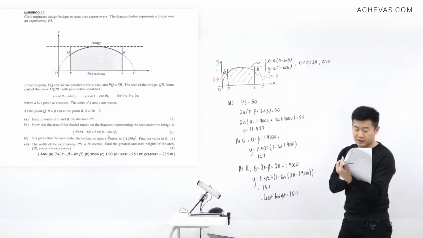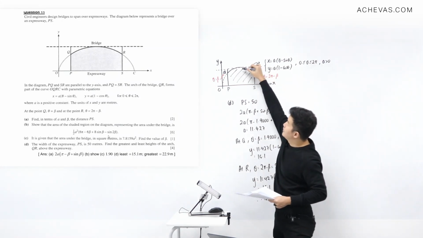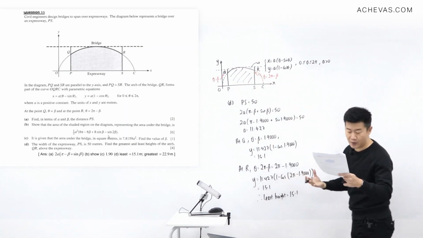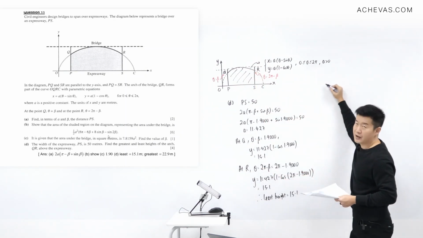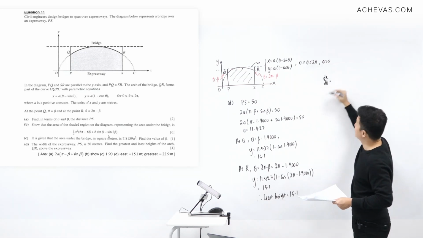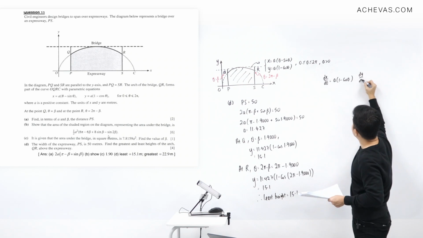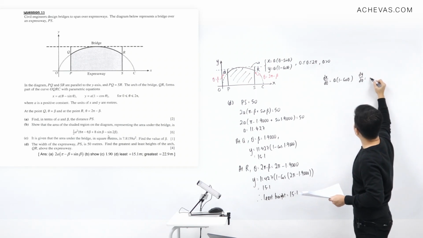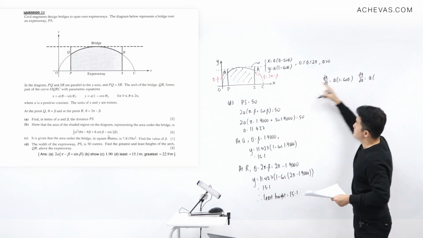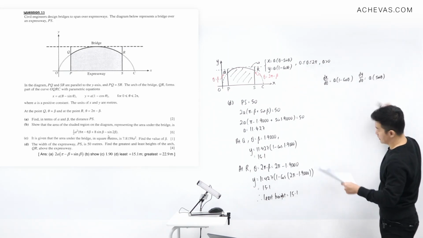Let's now find the highest possible point, the greatest height of the arc. The greatest height is here, where a turning point occurs. So let's find dy/dx. We have already found dx/d theta just now. I've erased it, but dx/d theta was a times 1 minus cosine theta. We can easily find dy/d theta, which is a, and differentiating this we get a positive sine theta.